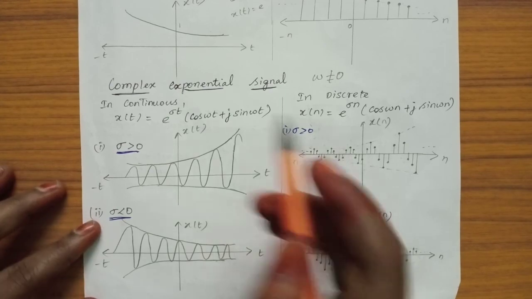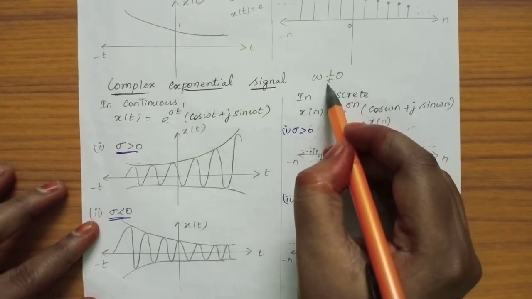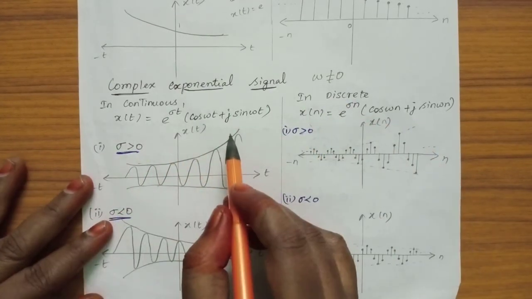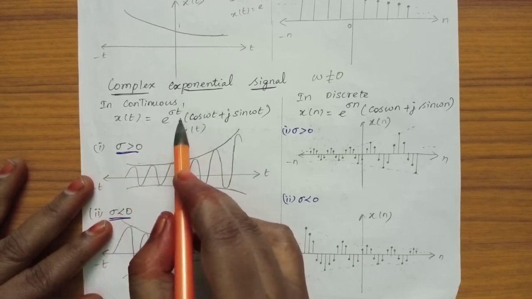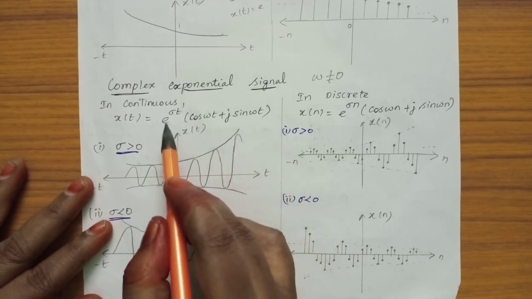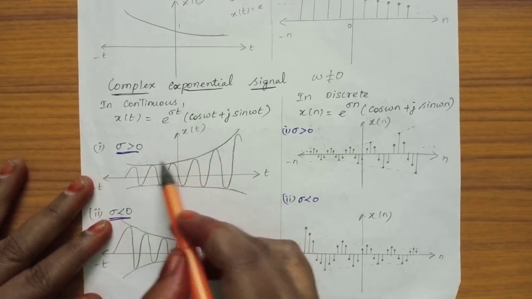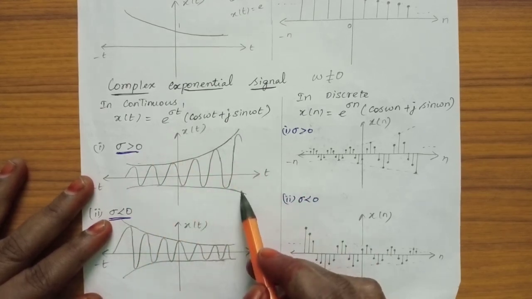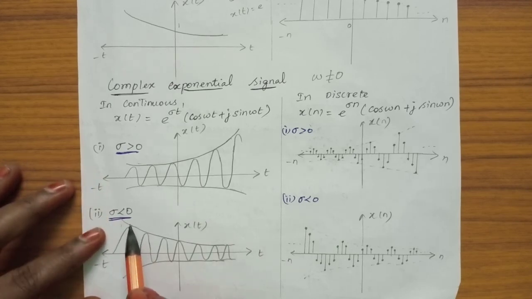If omega is not equal to 0, it will be the same equation, that is, x of t equal to e power sigma t times cos omega t plus j sin omega t. If sigma is greater than 0, it will be a growing exponential. Sigma less than 0 will be a decaying exponential.